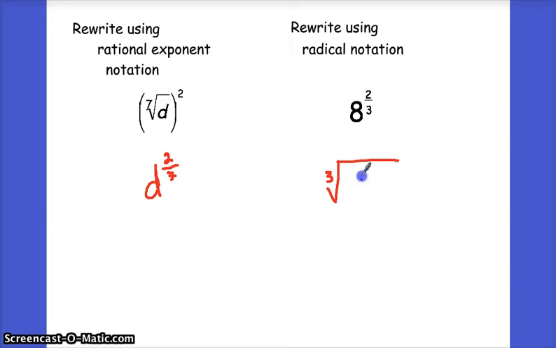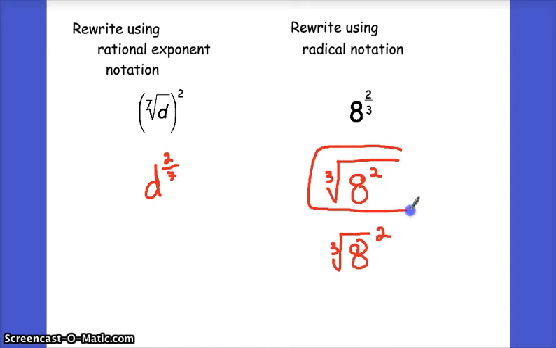The 8 is still our base, and the 2 on the top is still our exponent. So the 3rd root of 8 squared is a perfectly good way to write that. You could have also written the 3rd root of 8, the quantity squared, both of which would actually come out equal to 4. But remember, when all we're doing is rewriting, we just want to rewrite it one time and call it the answer. Do not go trying to find a simplified form.